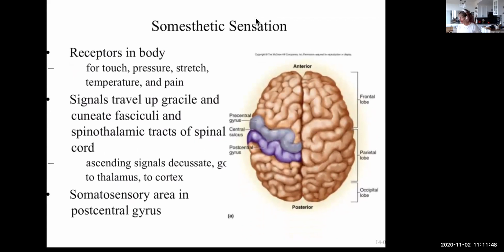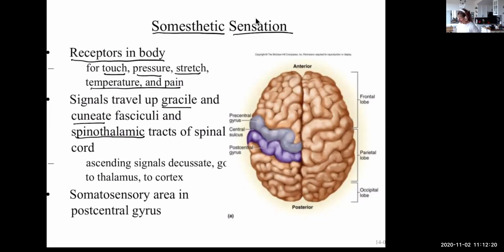Another part of the brain is responsible for somesthetic sensation, sensation of the skin and of the skeletal muscles. There are receptors over your entire body for senses such as touch, pressure, stretch, temperature, and pain. These signals travel up the gracile and cuneate fasciculi and the spinothalamic tract of the spinal cord.